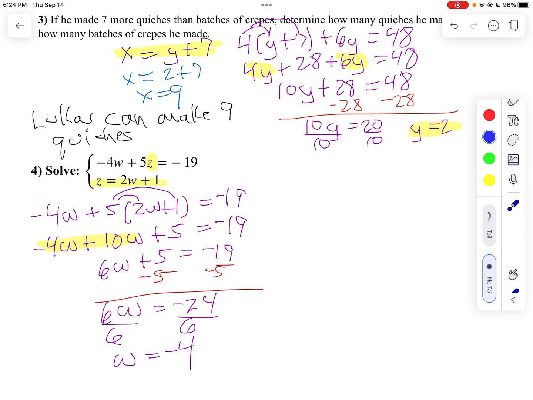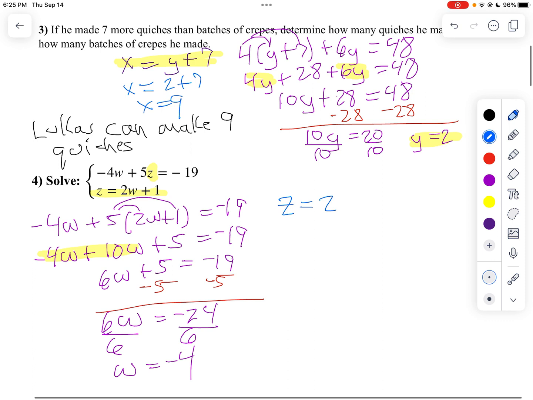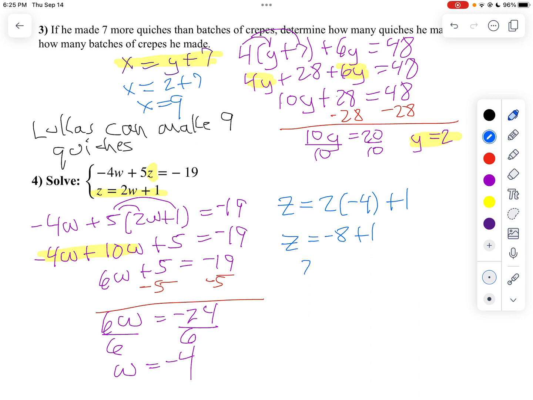My second equation is solved for Z. I'm just going to replace W with negative 4. So I'm going to say Z equals 2 times negative 4 plus 1. So Z equals negative 8 plus 1. So Z equals negative 7.